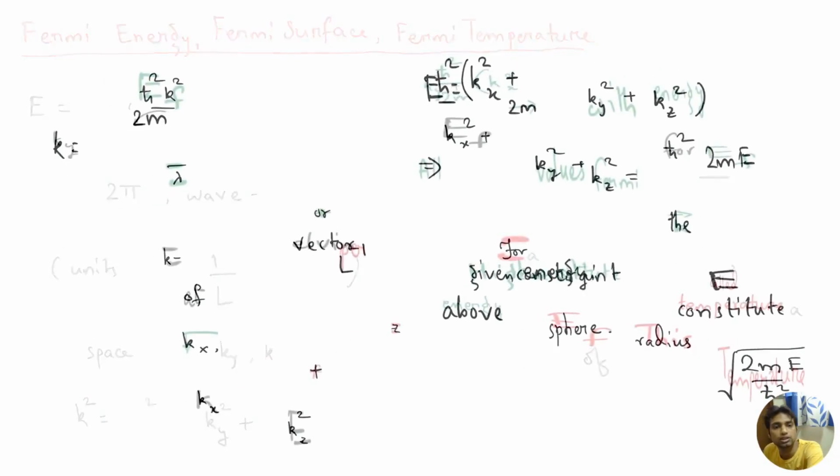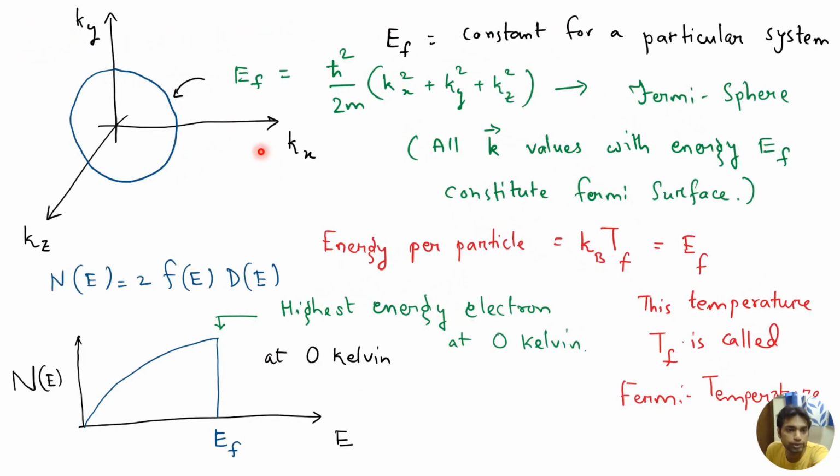If you plot that in k space, where all the axes have units of k, so this is kx, ky and kz, you will get a sphere. All the k values that lie on this sphere constitute something called the Fermi surface. Why the Fermi surface?